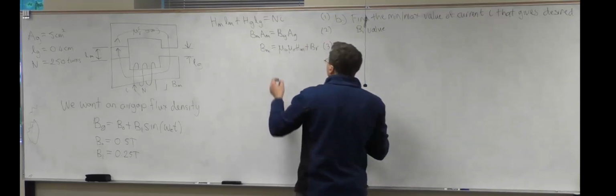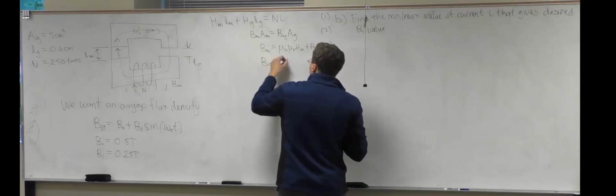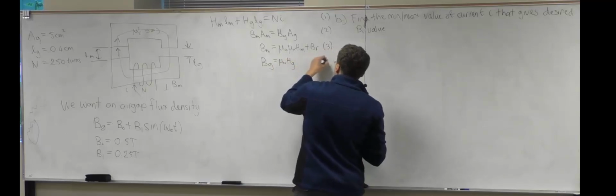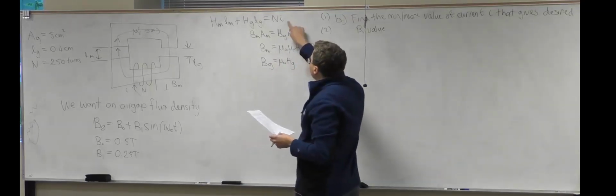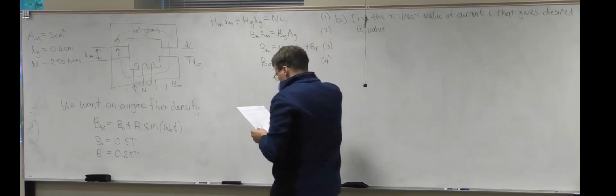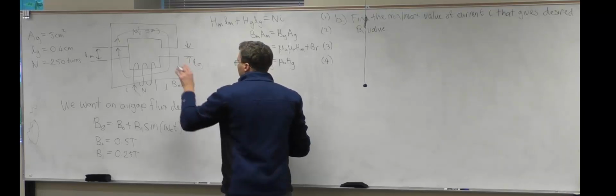Okay, and we also know that BG is equal to mu naught HG in the air gap. Now, what we're going to do is look at when I is 0. So we're going to do it in two parts.